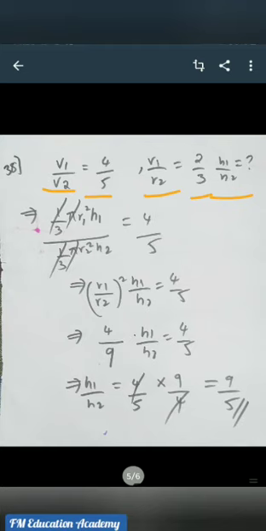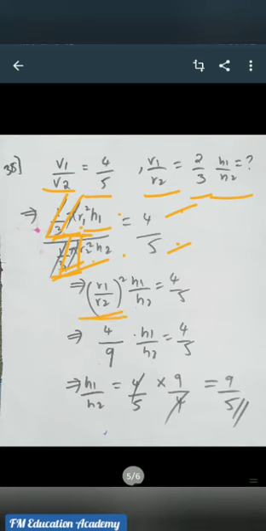We know there are two cones and the volume of a cone is given by 1 by 3 pi r square h. So for the first cone it will be 1 by 3 pi r1 square h1, and for the second cone 1 by 3 pi r2 square h2. V1 by V2 is equal to 4 by 5. 1 by 3 will get cancelled, pi will get cancelled. We are left with r1 square h1 by r2 square h2 equals 4 by 5.